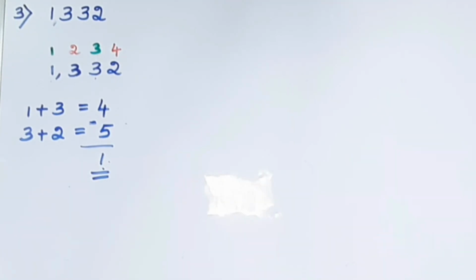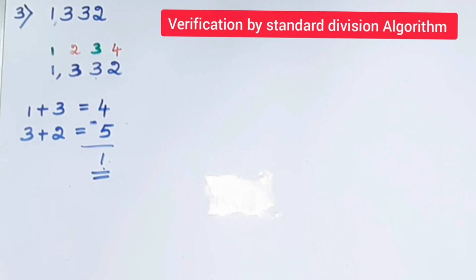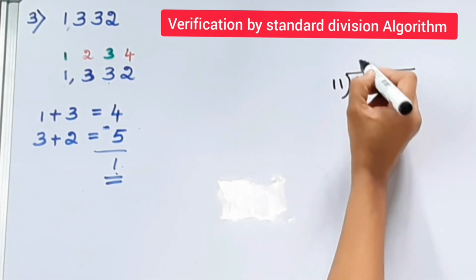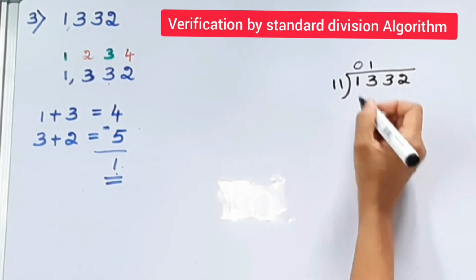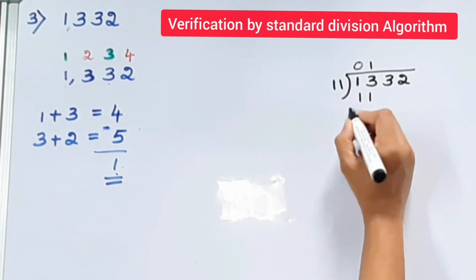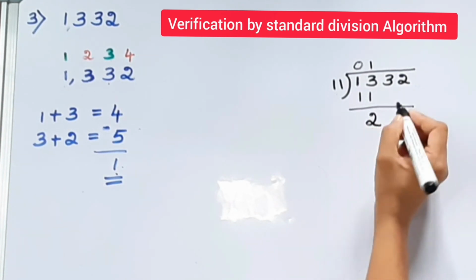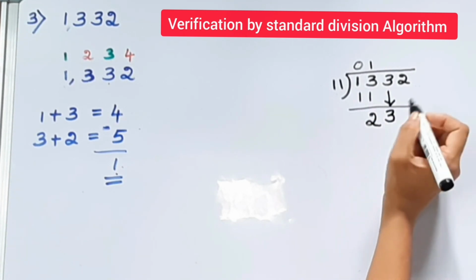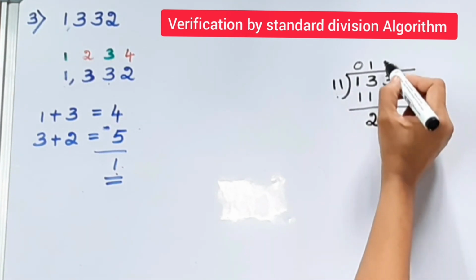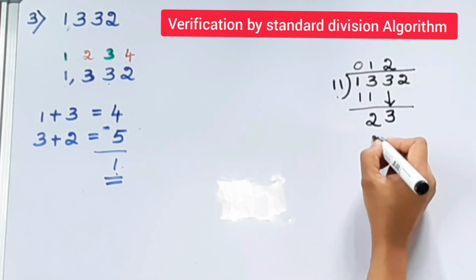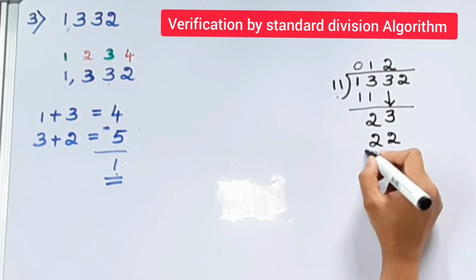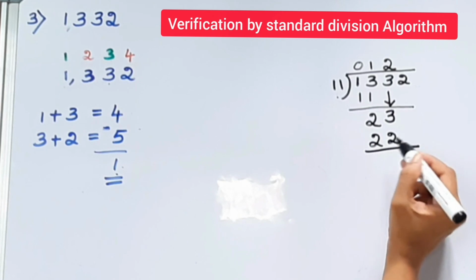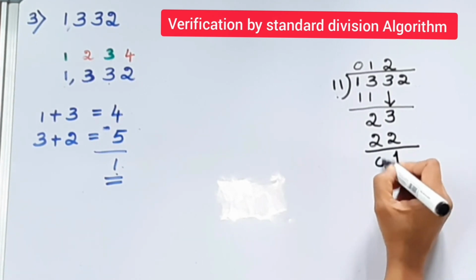Now let's verify this by using the standard division algorithm method. 11 ones are 11. That is 13 minus 11 is 2. Next we have to bring this 3 down. That is 23. 11 twos are 22, and 23 minus 22 is 1.